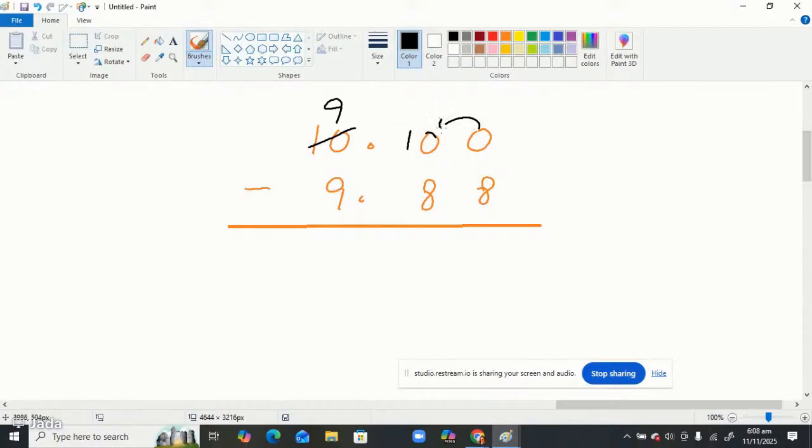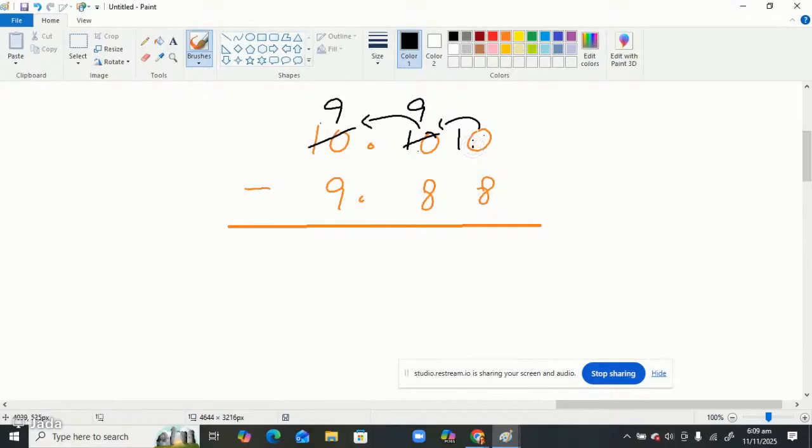Now this borrows from the 10, this 10 becomes 9, and now this 0 becomes 10. Okay, we borrow this way. We borrow from the neighbor, but this neighbor is also 0, so we take from the other neighbor. This neighbor is also 0, it takes from the 1, so this total becomes 10. So when we take it from here, this becomes 9 and it becomes 10. And when we take again, this becomes 9, this becomes 10.